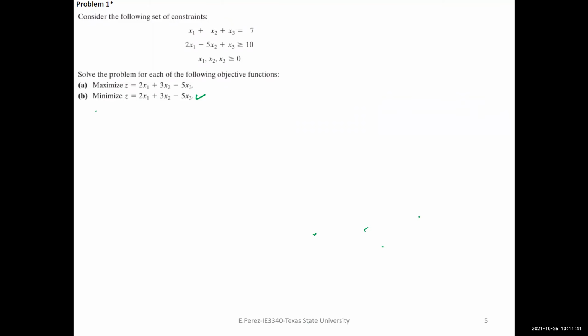So we are going to minimize z equals 2x1 plus 3x2 minus 5x3. And now here, since we're minimizing, we want to penalize the artificial variables in the objective function.